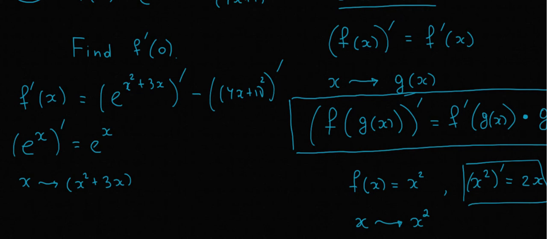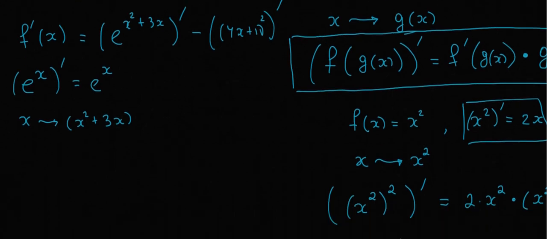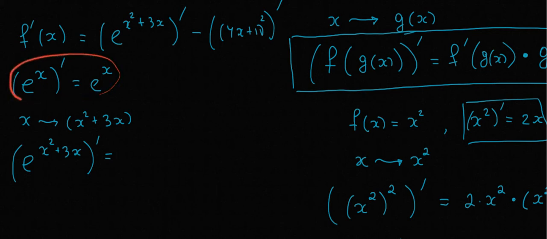So according to the chain rule, in order to get the correct derivative of the modified function, which is our exponential term, we need to make the substitution. Everywhere we see x in the formula for the derivative of e to the power x, we replace it with x squared plus 3x. It's going to give us e to the power x squared plus 3x.